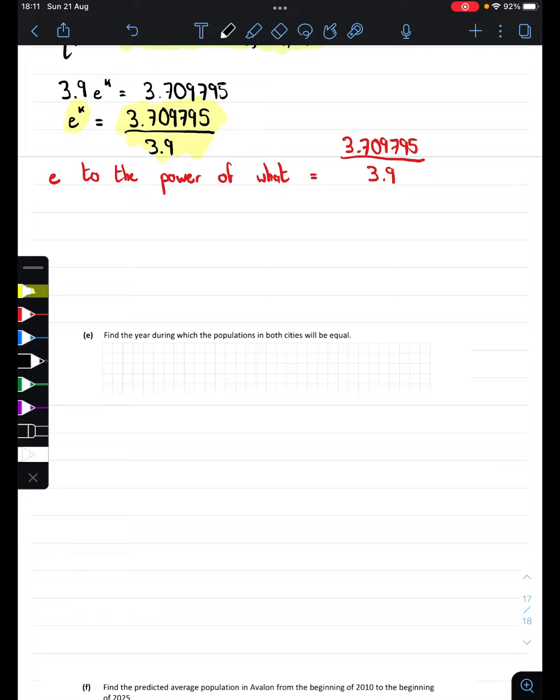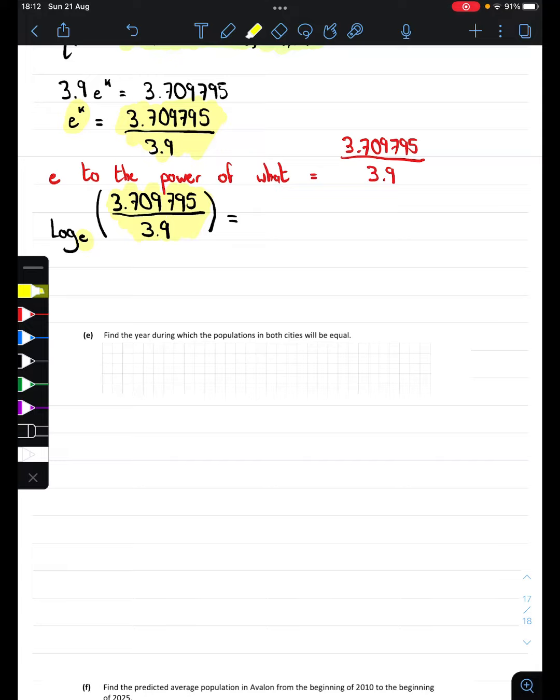We can capture this question by the log base e of 3.709795 over 3.9. That's what the logarithm does. The logarithm asks this question: the base to the power of what, the answer to this log, the base to the power of what equals what's in the brackets.